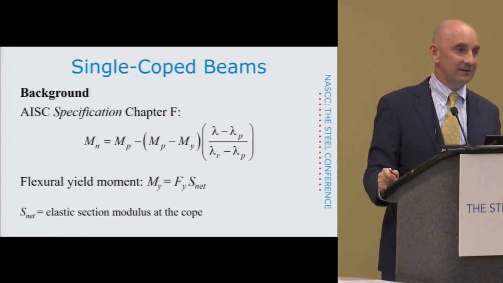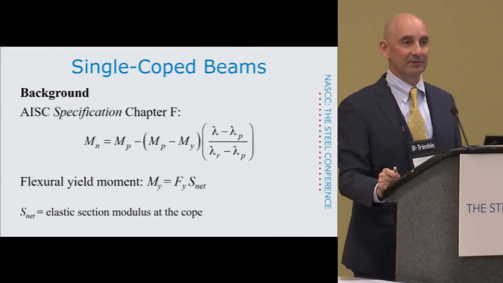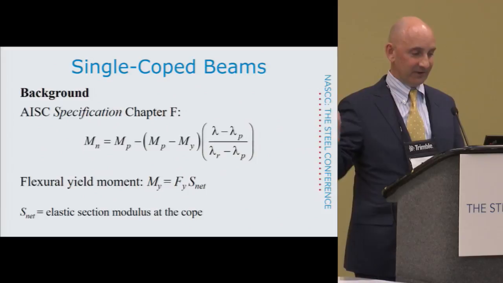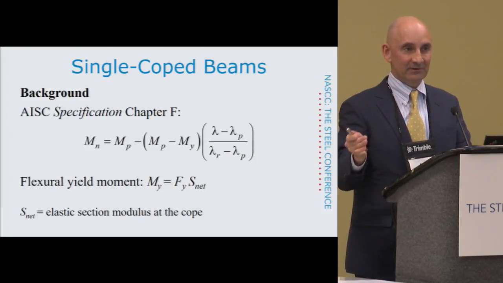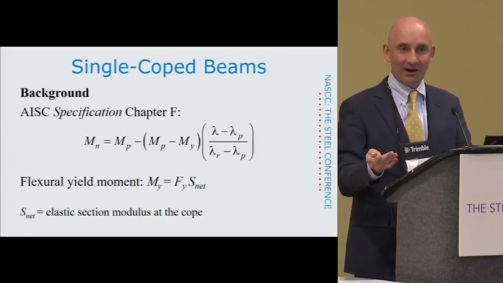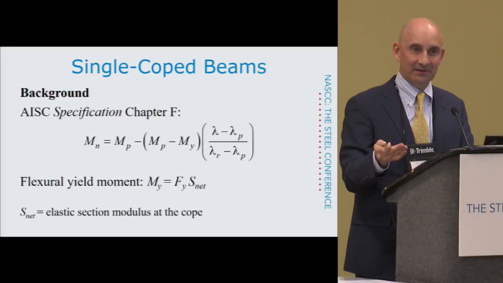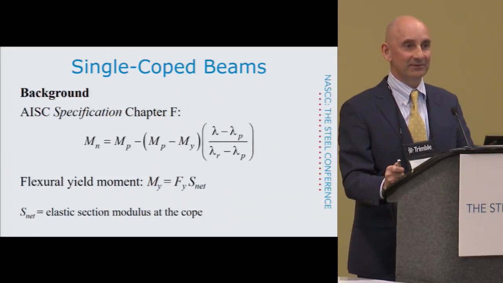And then in the brackets there, you've got lambda_P and lambda_R. That's straight out of the specification, but we need to figure out what to do with it if we're going to use it for cope buckling. We know what lambda is, we know what M_Y is, and we know what M_P is. We really just need to define lambda_R and lambda_P at this point.